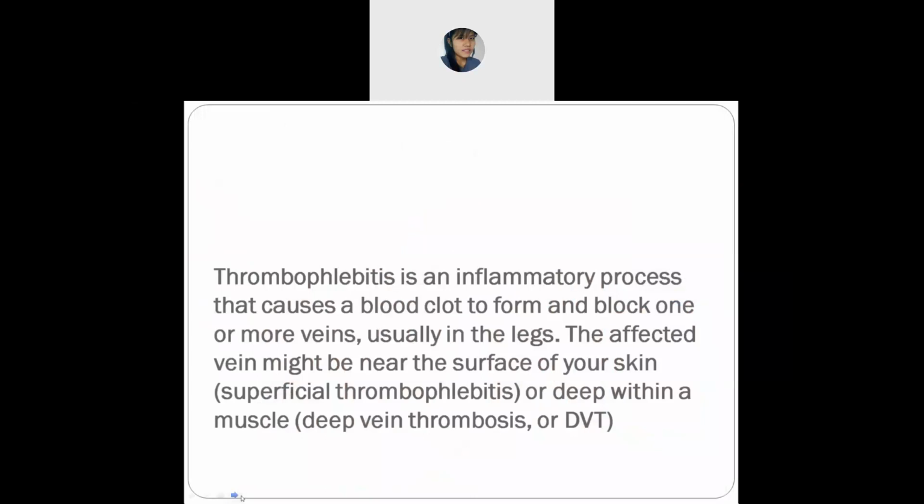Okay, before starting deeply into superficial thrombophlebitis, what do you understand if I say thrombophlebitis? Thrombophlebitis means an inflammation which causes blood clots in many parts of the veins, and it usually occurs in your legs.